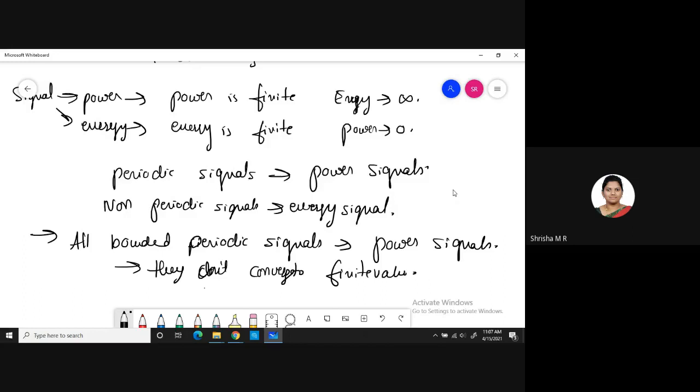So what happens here? Energy is equal to infinity and power is finite. Did you follow? Periodic signals are power signals because they don't converge to a finite value. They'll be going up to infinity.